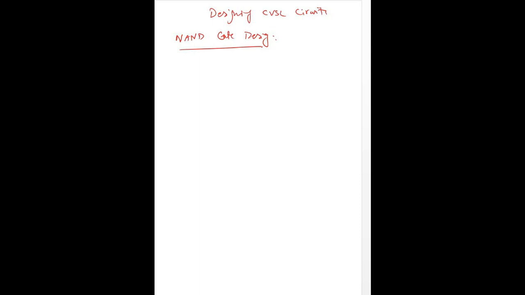So the right hand side of our design would represent a simple CMOS operation, and this is designed using pull down network, or we can say using our NMOS.